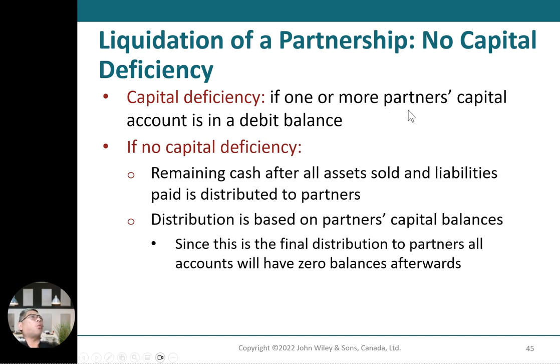This is the liquidation of partnership with no capital deficiency. Capital deficiency is when one or more capital accounts is in debit balance. If there's no capital deficiency, remaining cash after all assets sold and liabilities paid is distributed to partners. Distribution is based on the partners' capital balances. Since this is a final distribution of partners, all accounts will have zero balances afterwards.